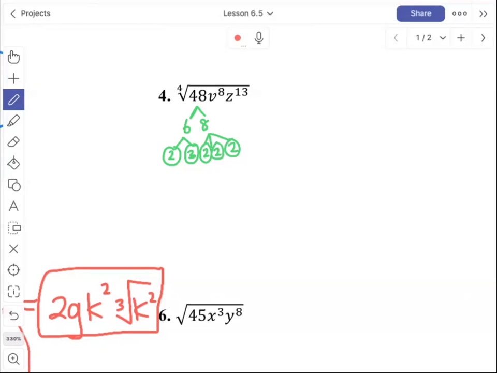Ethan, what can I take out of the root from that 48? You can take out the 2s. Mm-hmm. And why? Why can I take out the 2? Because there's 2 pairs. Meaning I have how many total? 4, right? And because the index is 4, that's how many you need to take out of the root.